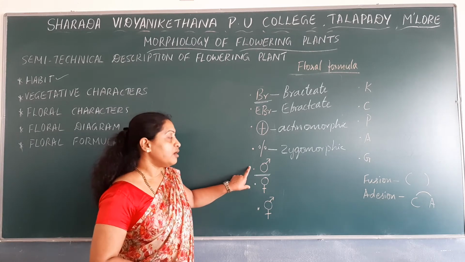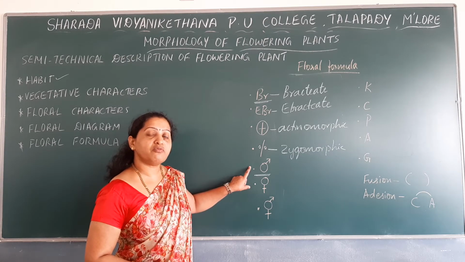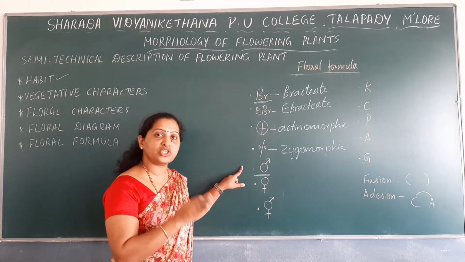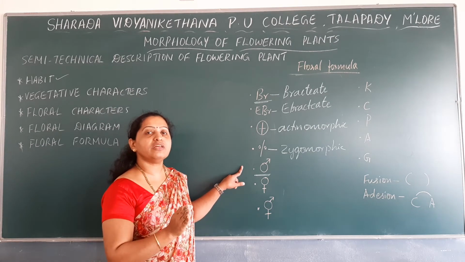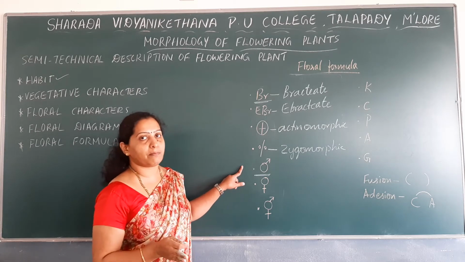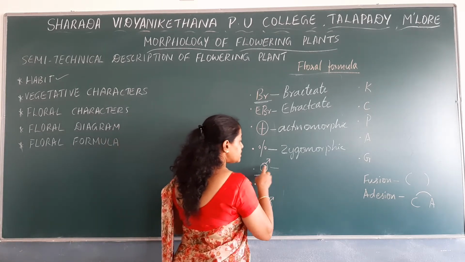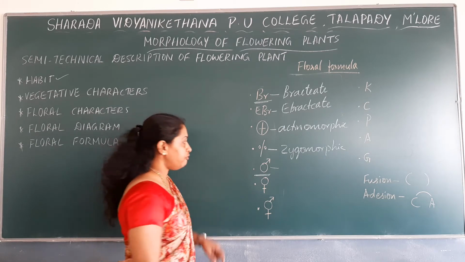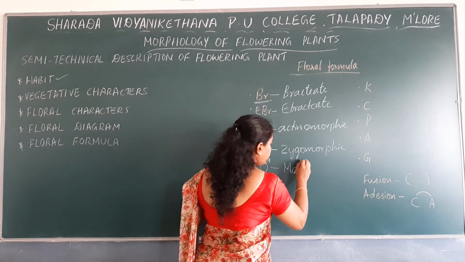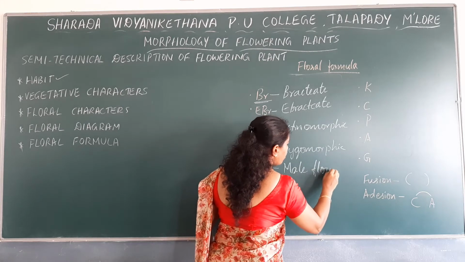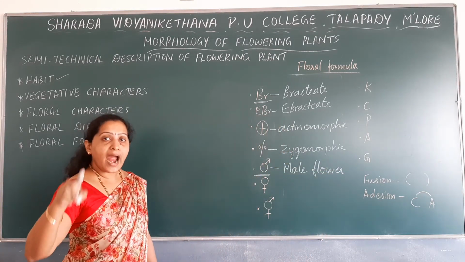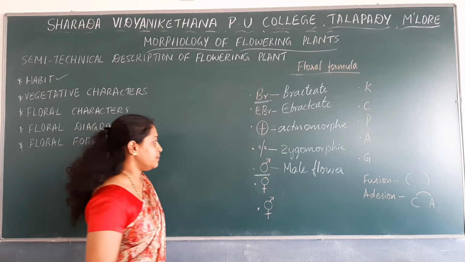So unisexual and bisexual flowers are mainly distinguished by whether the flower has androecium or gynoecium, stamens or carpels. This symbol is used for representing a male flower. Male flowers have only stamens, only androecium, and no gynoecium.